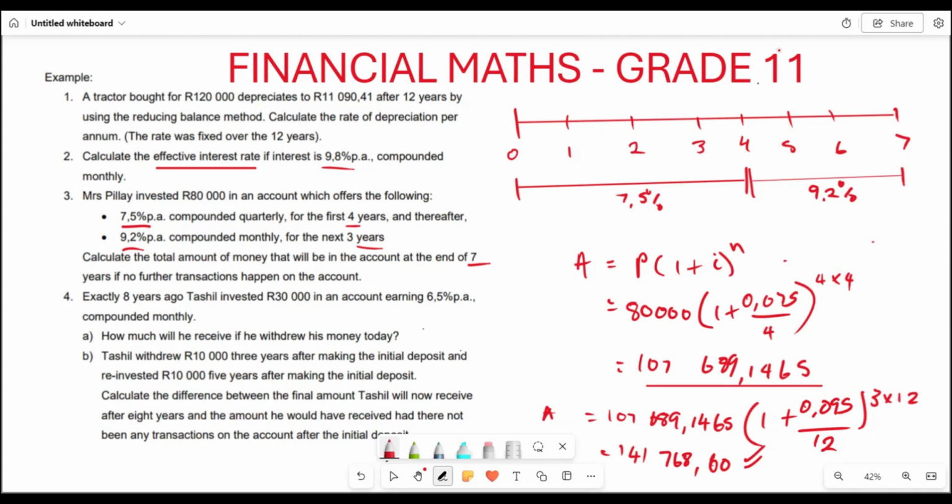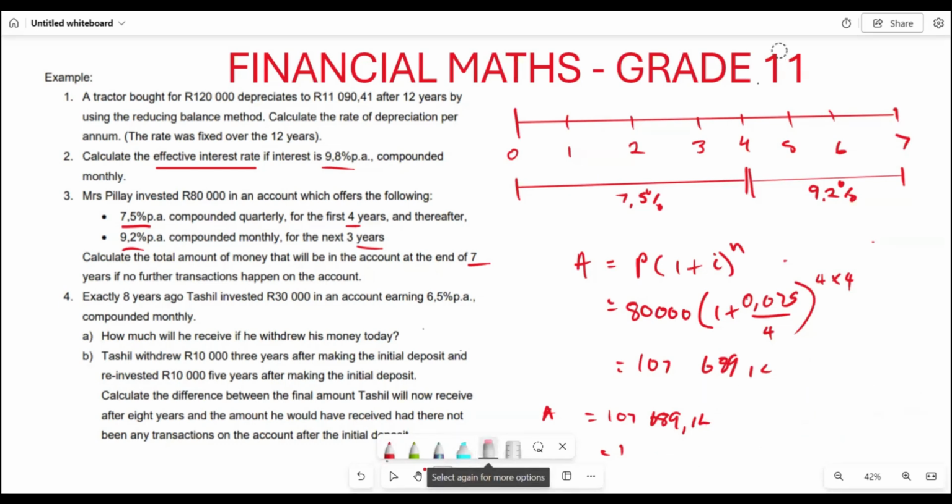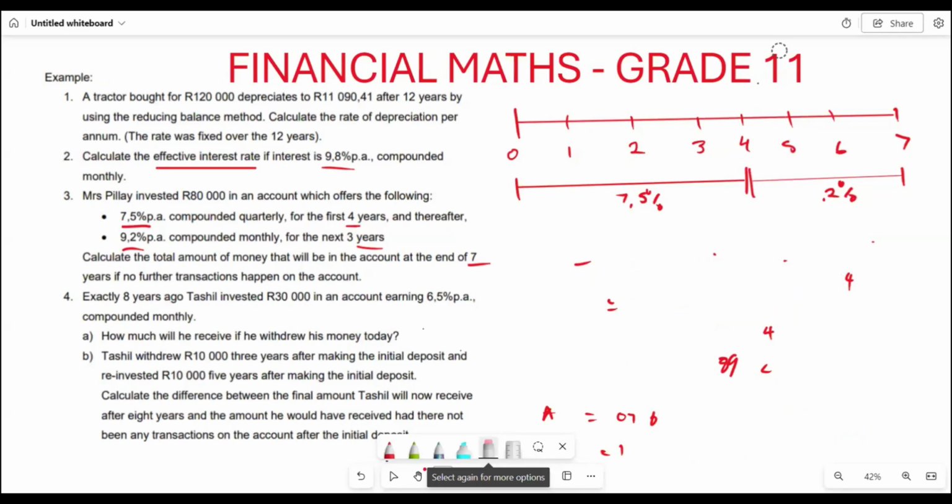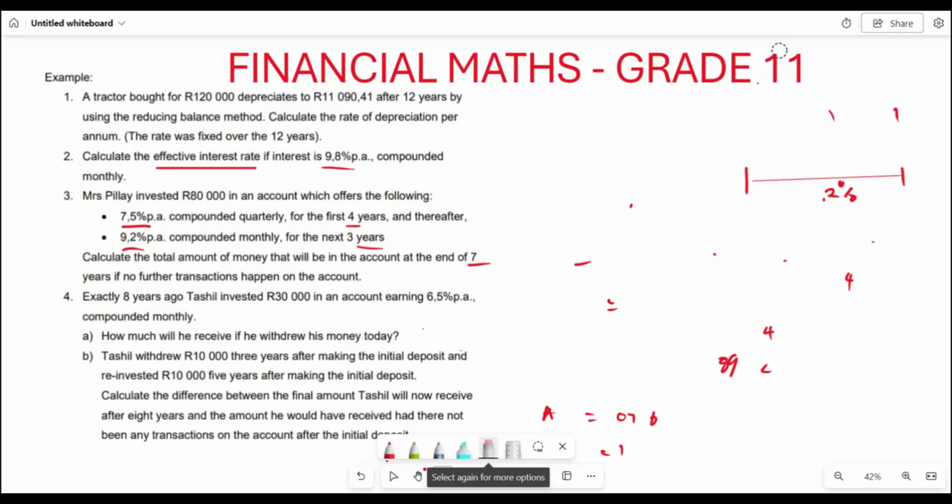Now let's look at your question 4, or rather your number 4, and see what it is that you're having here. Let's just remove this one now that we are fine with this one, right? So let's see.